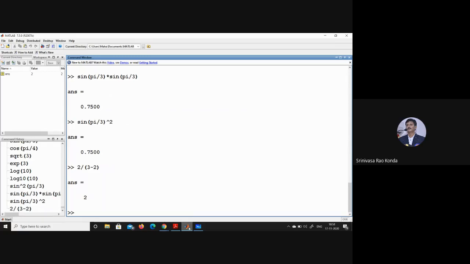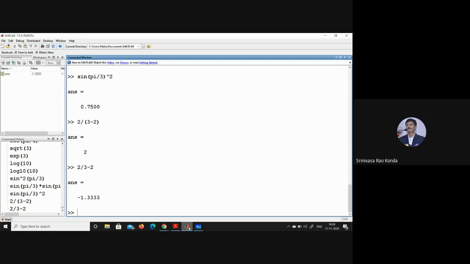Suppose you give 2 by 3 minus 2 without brackets, it calculates 2 by 3 first, and then subtracts that from 2. It will give a different answer. We should be careful entering this type of values. We can easily understand, and we'll get into MATLAB very quickly.